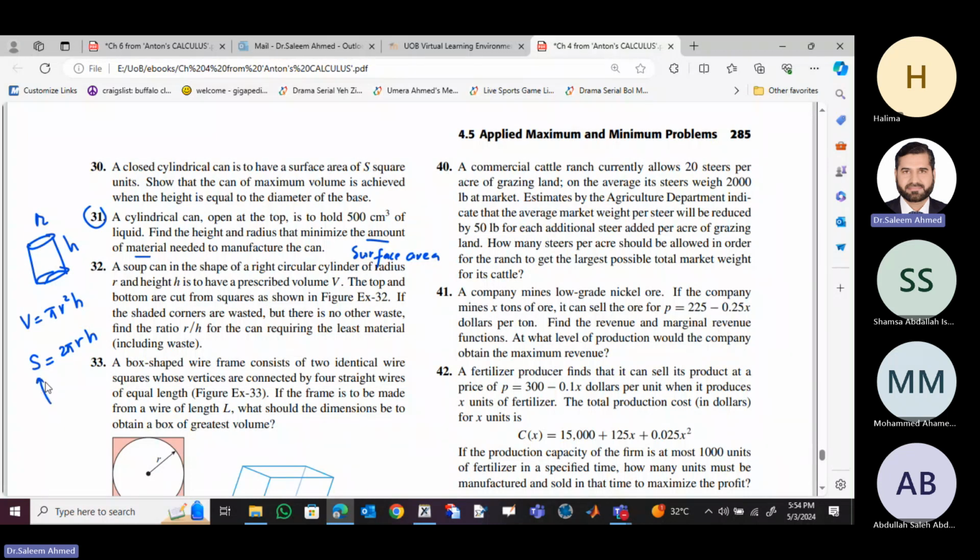The surface area of the cylinder here is pi r squared plus 2 pi r h. You have to minimize this, so S is your given function, and the volume is fixed at 500 cubic centimeters. This gives you h in terms of r, 500 divided by pi r square. You put that here to make it a function of one variable, 2 pi r times 500 by pi r square.